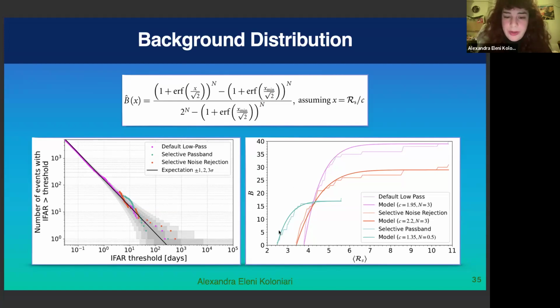In the figure here, we present the background distribution versus the rank statistic, sorry, not the false alarm rate. Basically, we use this specific formula for all three classes, assuming that X is equal to the rank statistic divided by a constant C, which is different for each of those classes. And you can see that those fits are pretty good for all three classes in O3 data.